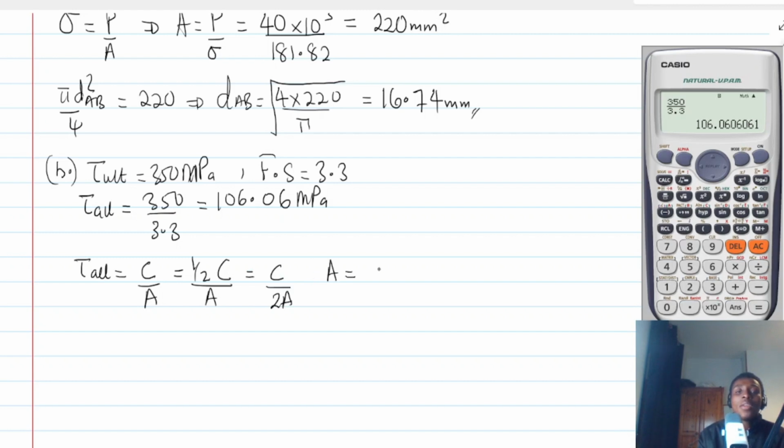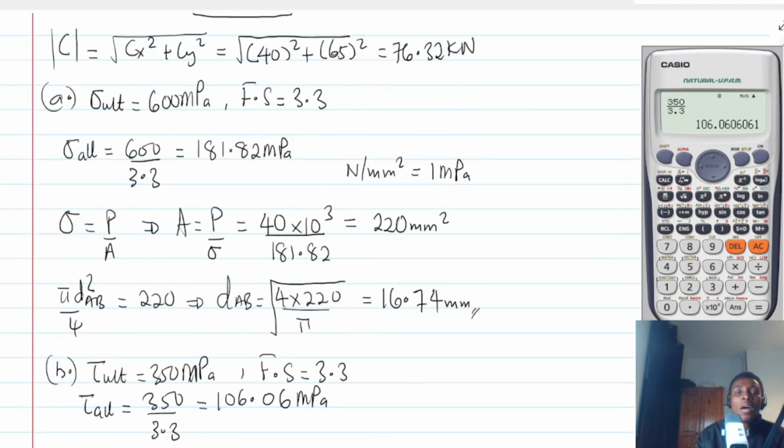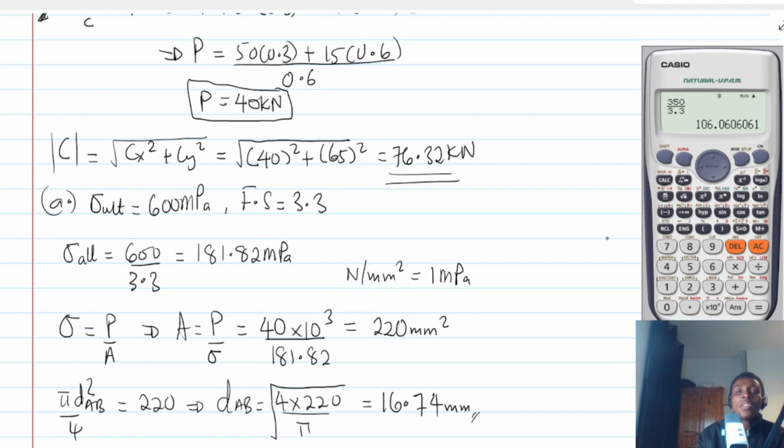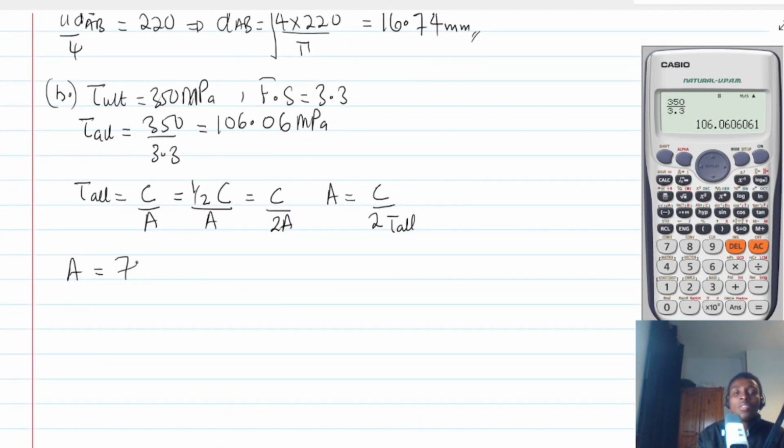So the area is going to be C divided by 2 multiplied by the allowable shear stress. So C is 76.32 kilonewton, all divided by 2 multiplied by the allowable. And that gives us the area.